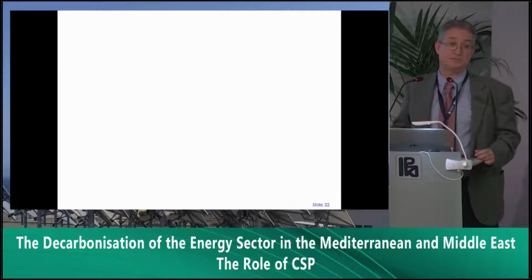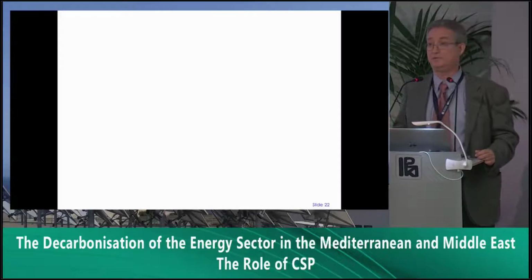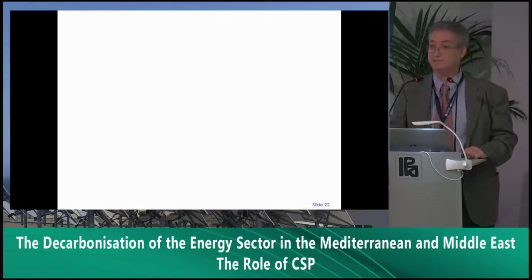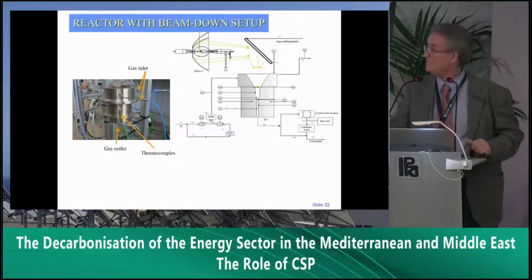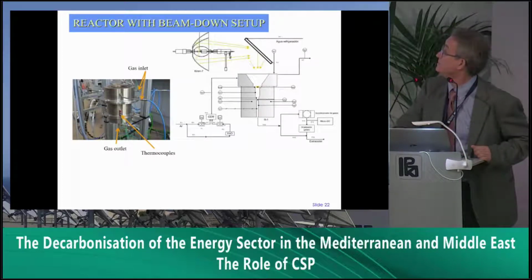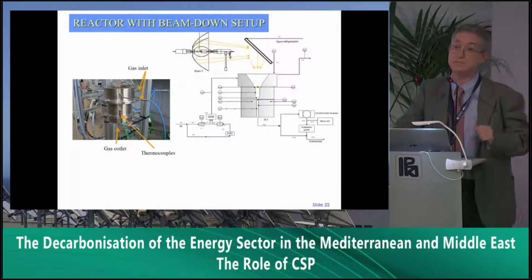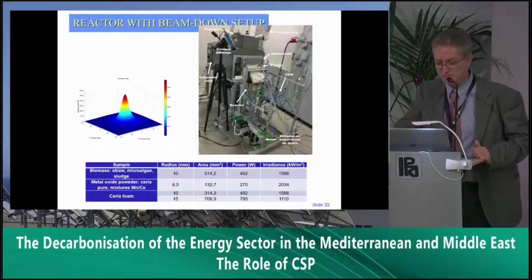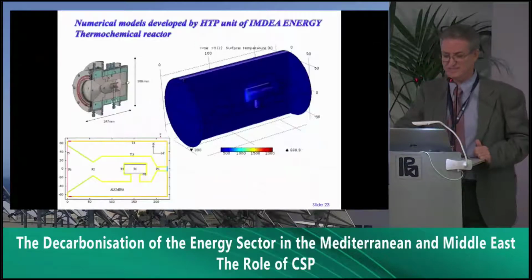So I wanted to show you a small example of how for all these experiments in reactors, it's extremely difficult sometimes to understand the results you obtain if you do not have a very, very detailed analysis of the heat transfer. So even in these kind of experiments with a small reactor, like this one of a few centimeters aperture, when you analyze the performance, let me show, here it is.